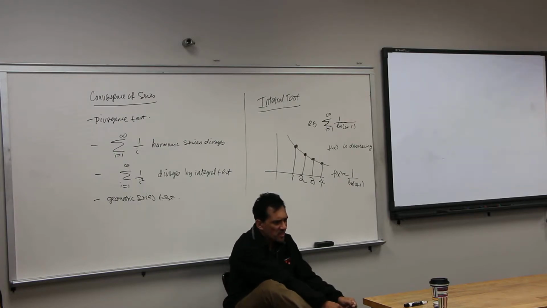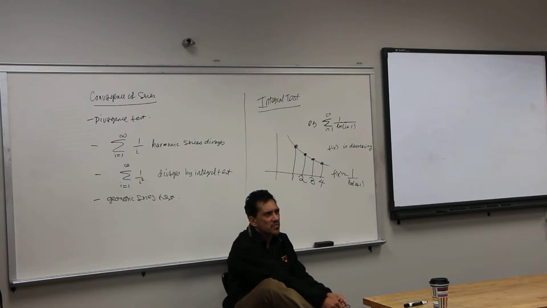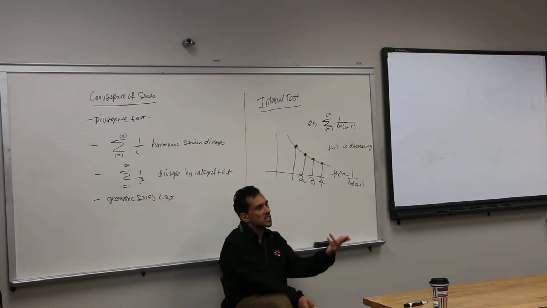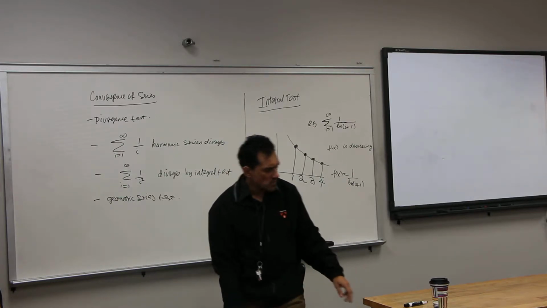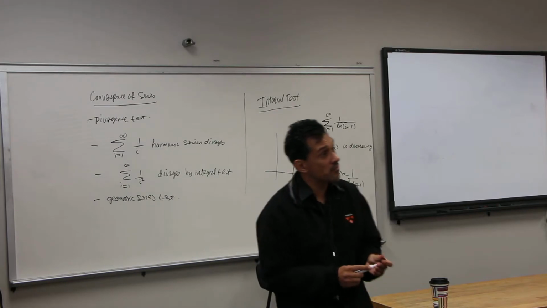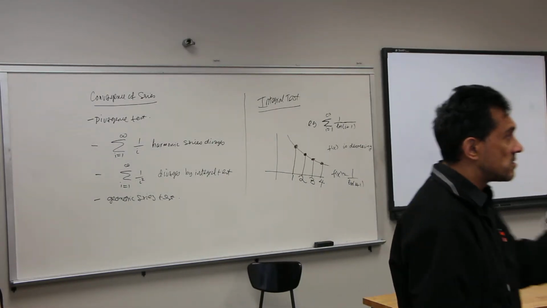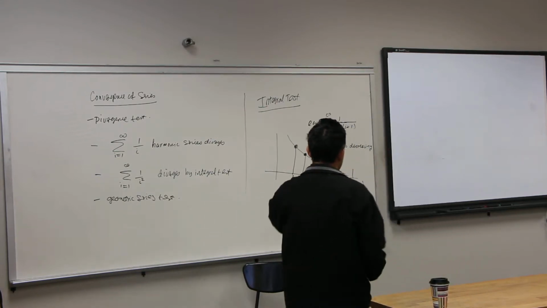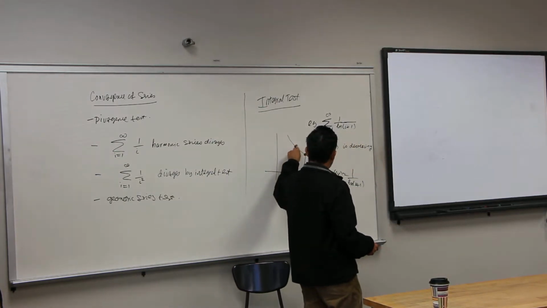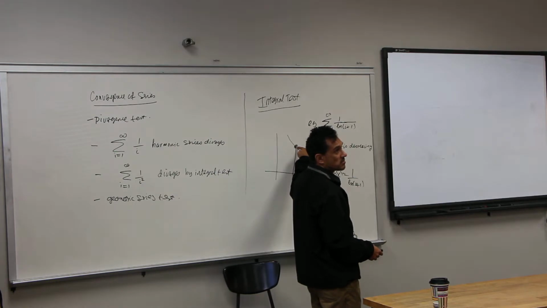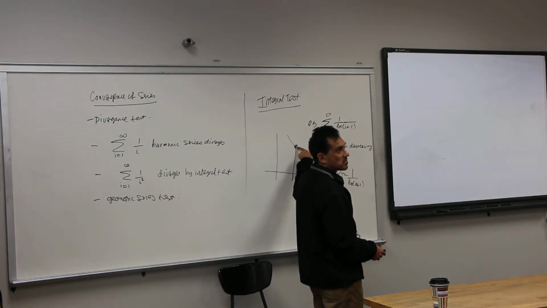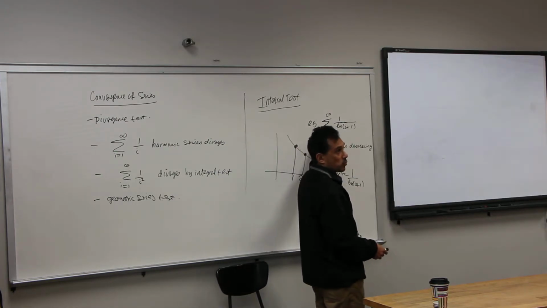Now, what does the integral of this function have to do with anything, if you are only evaluating this function at the integers? But if you are evaluating this function at the integers and the space between them is 1, then these are giving you rectangles, rectangular areas. That is the height multiplied by the width.